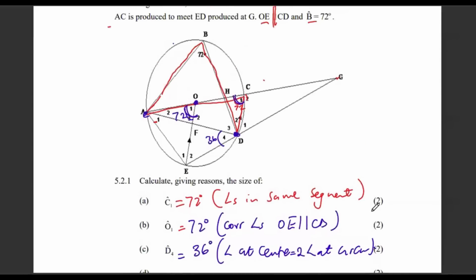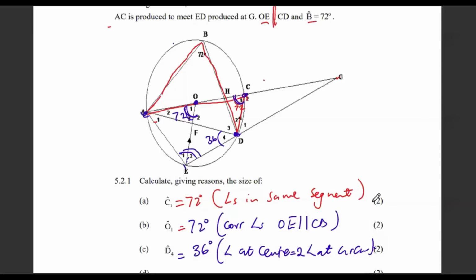And then they want us to get the size of AED. A, E, and D. So the whole of this angle here. But one thing we know is that ACDE is a cyclic quad. Okay, it's 4-sided and the corners are basically touching the circle, meaning that this 72 and this E should be supplementary.